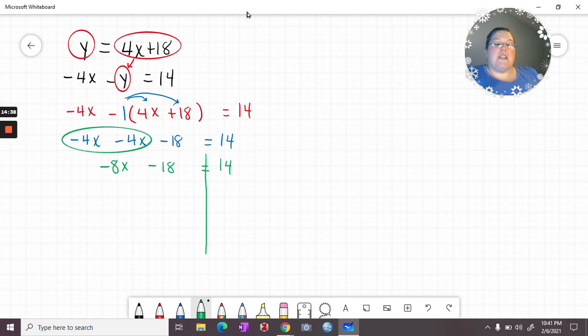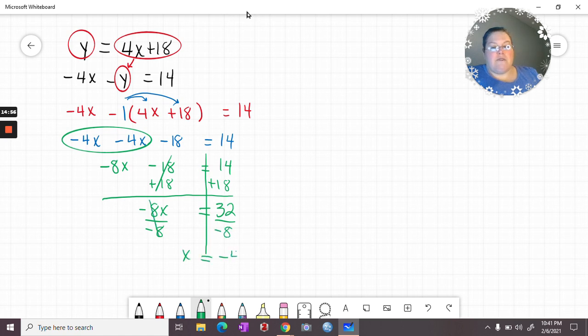So I want to get the x by itself, so let's add 18 to both sides. Negative 8x equals 32. Divide by negative 8, and x equals negative 4.